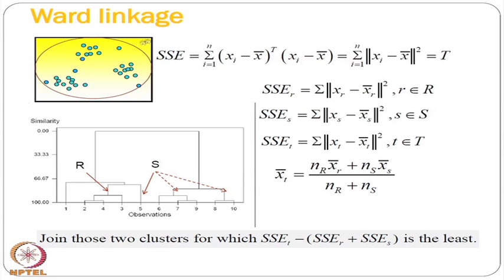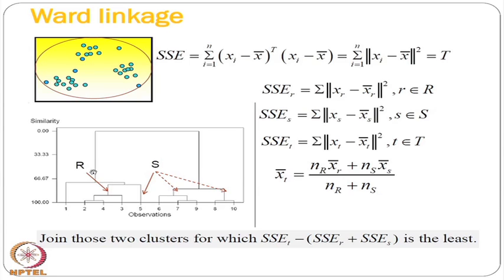As we have seen, SSE is measured by the distance measurement, the sum total of distances. So you can find out, for the R cluster with 3 objects, the SSE: each point minus its centroid value. Similarly for the other cluster S. If there is only one object in a cluster, the SSE will be 0.